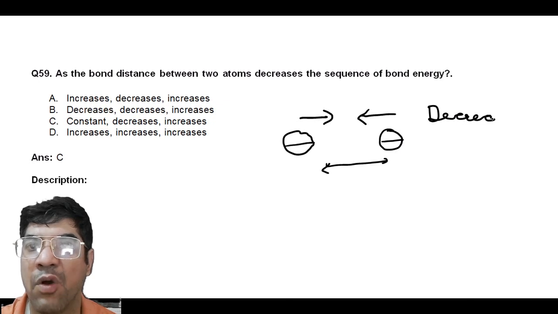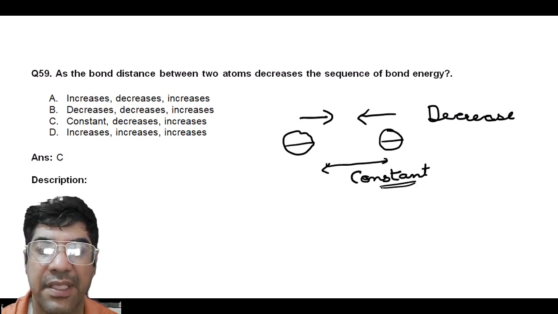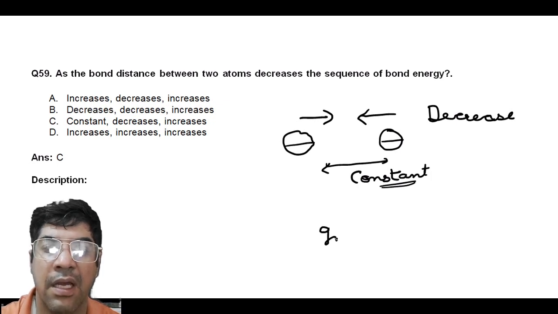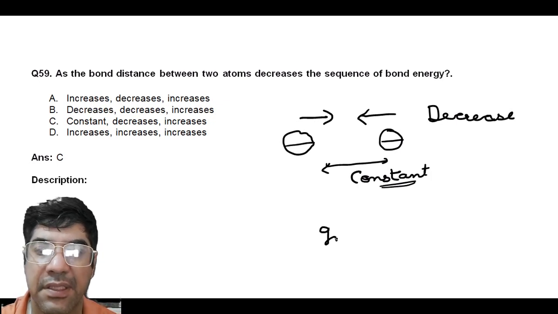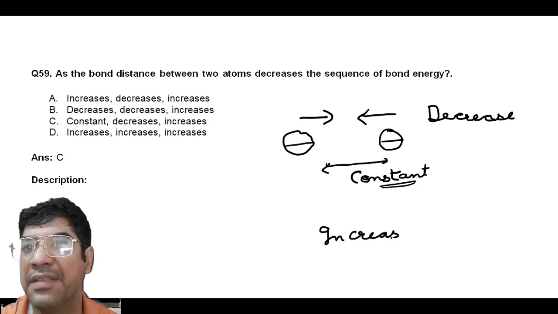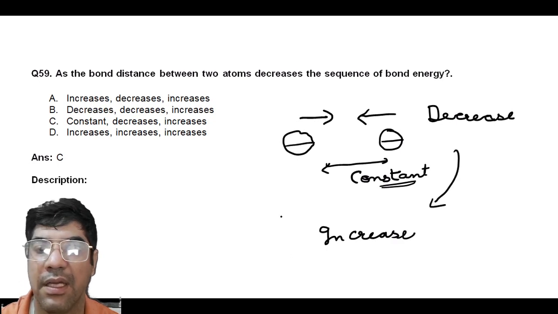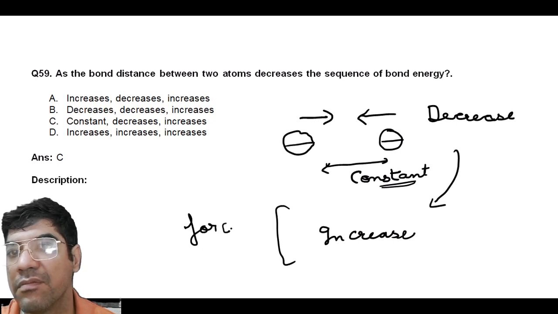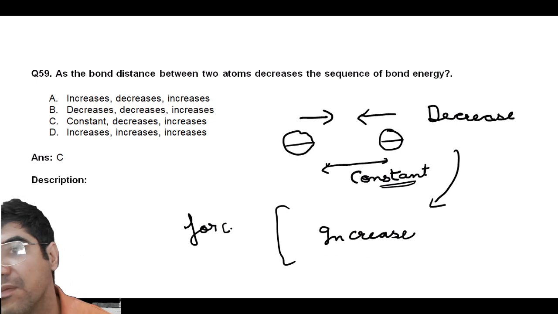First it is constant, then it decreases, and after that it rapidly increases as the force of repulsion becomes stronger.